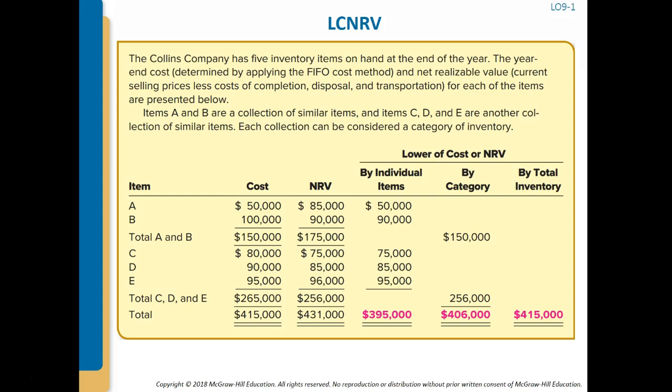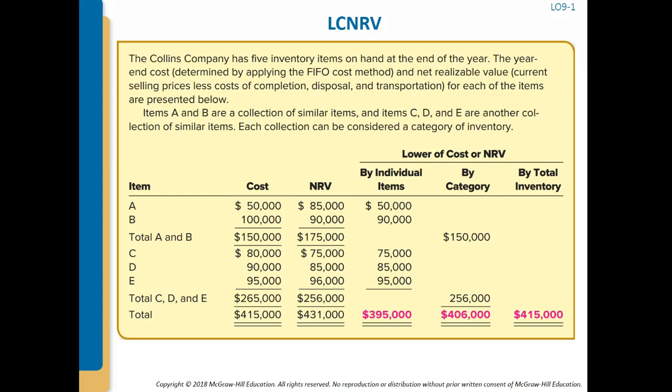The first category of inventory, items A and B, has a combined cost of $150,000 and a combined NRV of $175,000. So we report this first inventory group at its cost of $150,000.